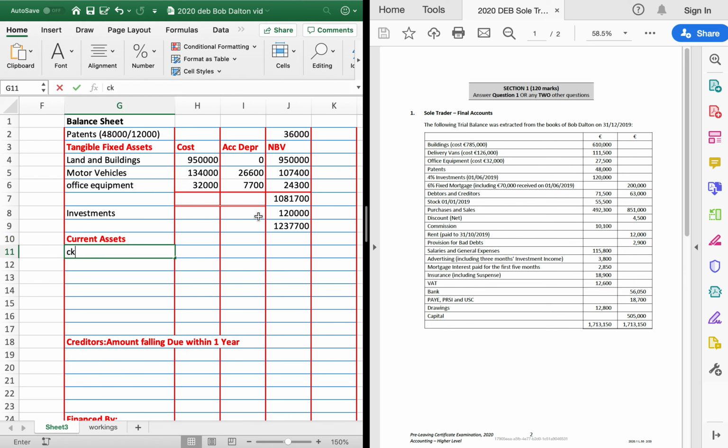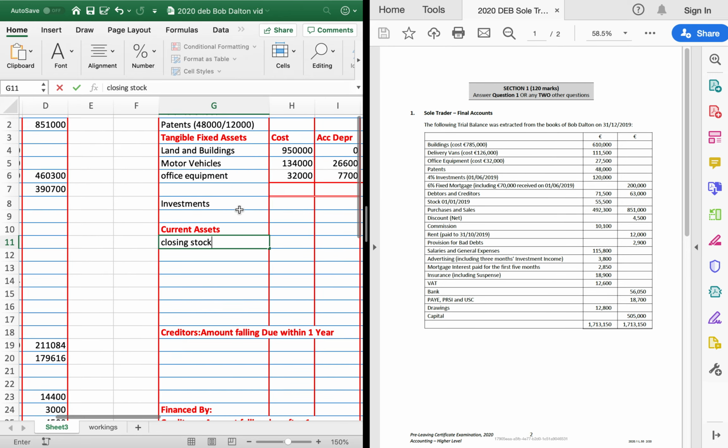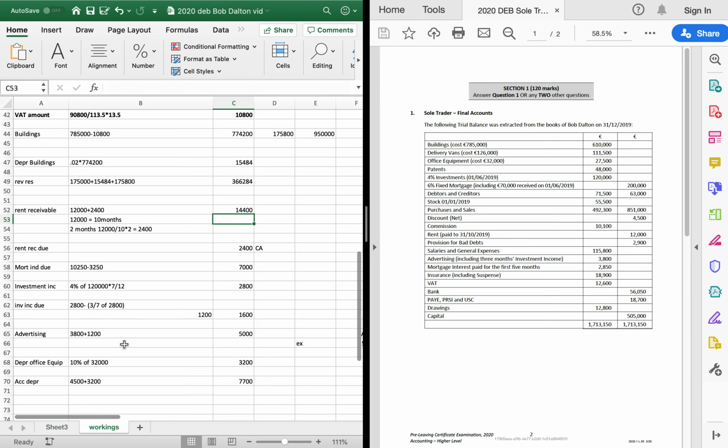Current assets, well, we've got our closing stock, which is 55.5 or something like that. Closing stock was 39.5. Our debtors less BDP. Debtors, I think, changed.